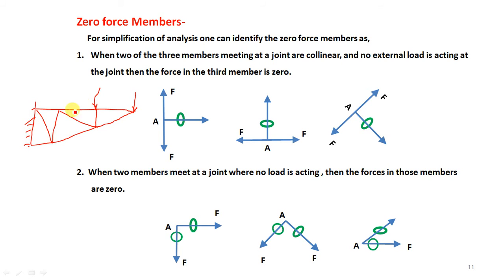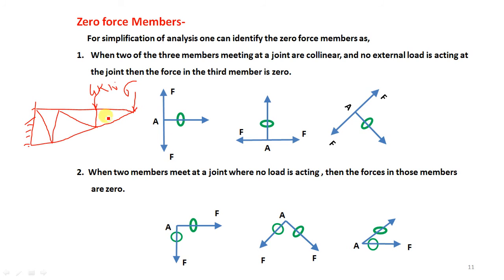When the problem is asked like this, let's say the load given is 4 kilonewton and this load is 6 kilonewton, and they have asked you to find out the forces in each member of the truss.